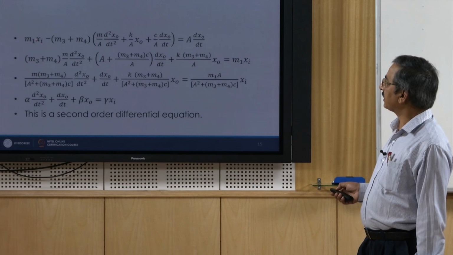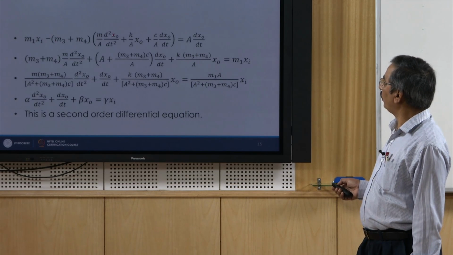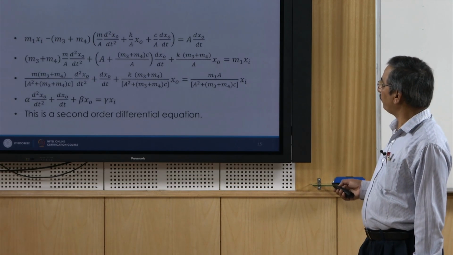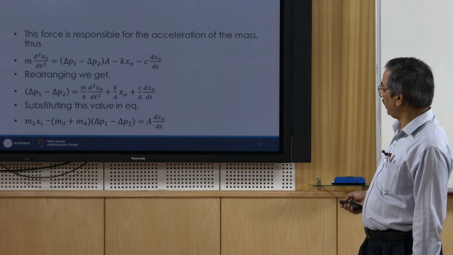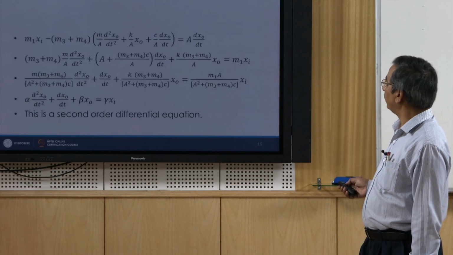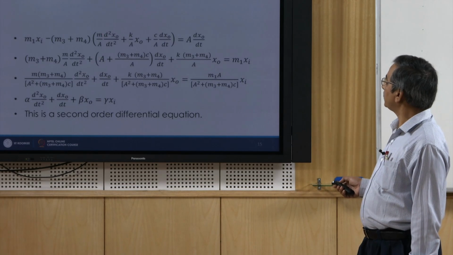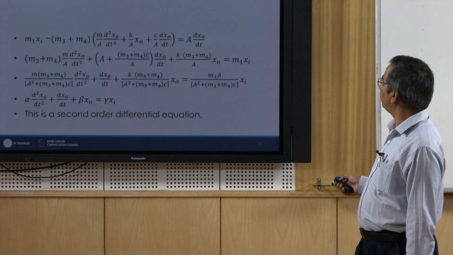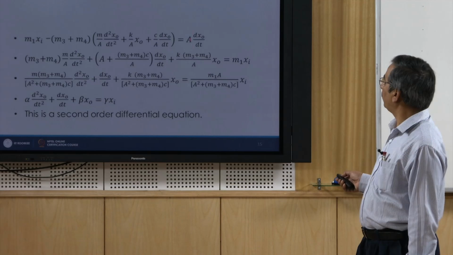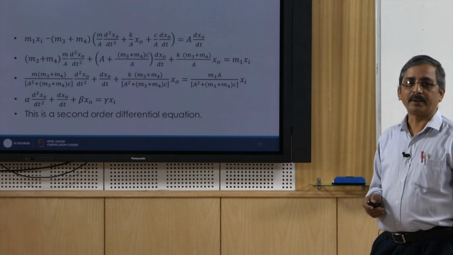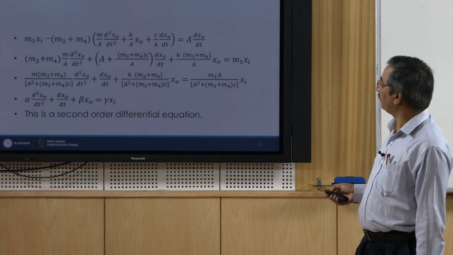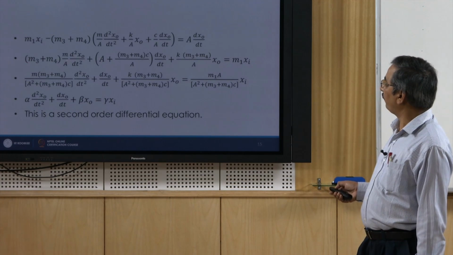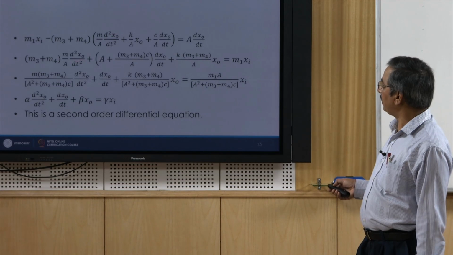So, m1 xi minus (m3 plus m4), this is the substitution for your ΔP1 − ΔP2 from here into this equation. Okay. So, this plus (k/A) x0 plus (c/A) dx0/dt is equal to A dx0/dt. Okay. Now, what we do? We simplify this expression further. So, (m3 plus m4) m/A d²x0/dt².